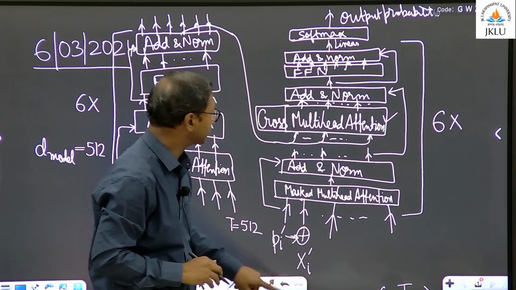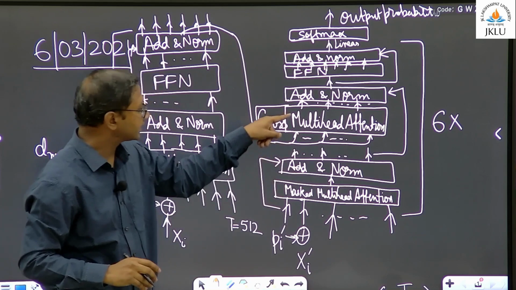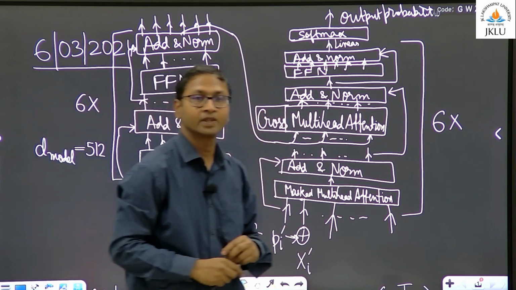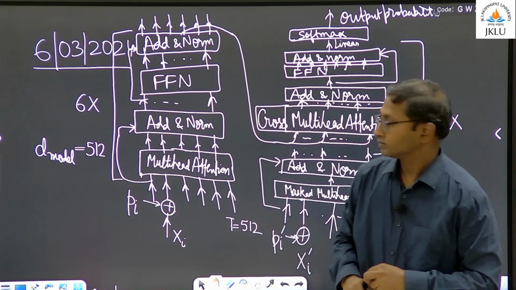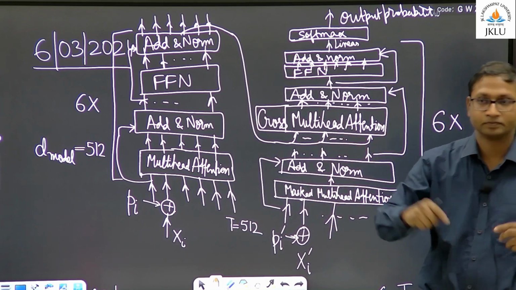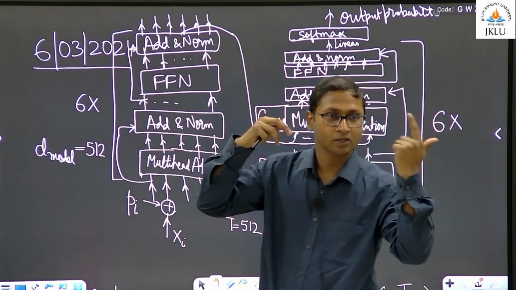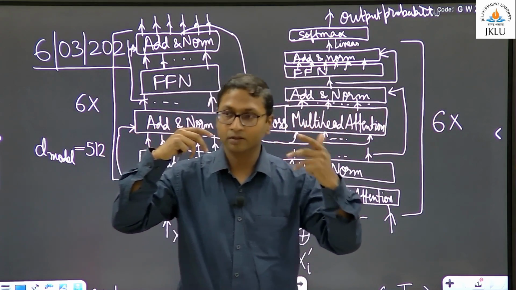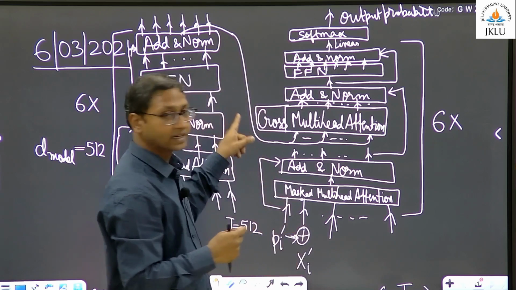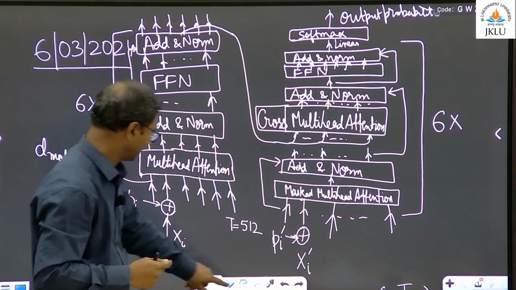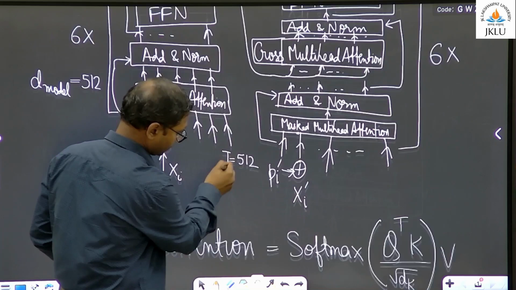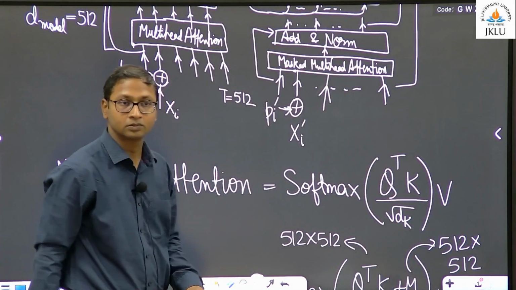What are you going to do here at this attention layer? See, if this were self attention, what will we do? We will compute 3 vectors, Q, K, V, and we will compute, what was that equation? This one. Okay.